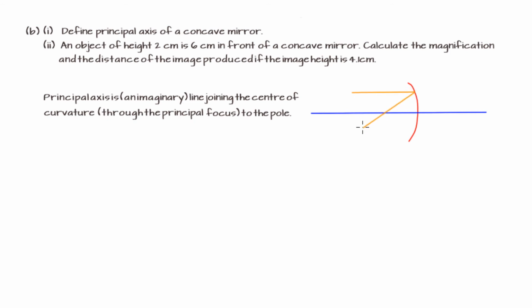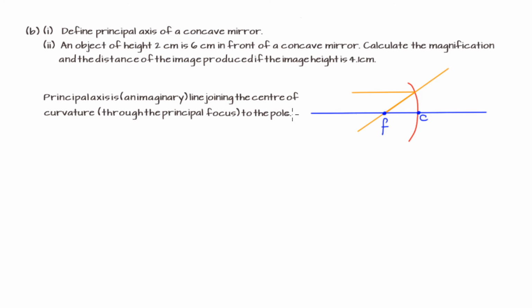So if rays of light, shown in orange, are coming like that, normally they would pass through the center of curvature and the principal focus, but because it's a concave mirror, they'll be diverted back from where they are coming from.